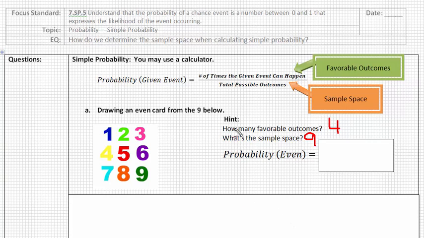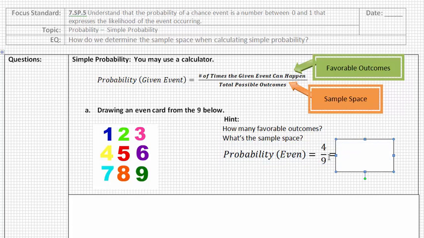If we can determine our number of favorable outcomes and our sample space, now we've written our fraction. We just have to put it in the right format. So we would write the probability of getting an even is equal to 4/9. 4 over 9.